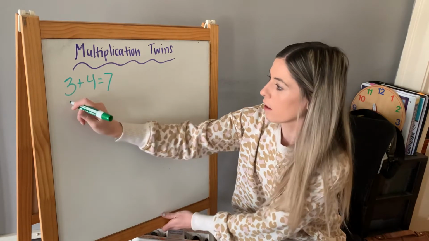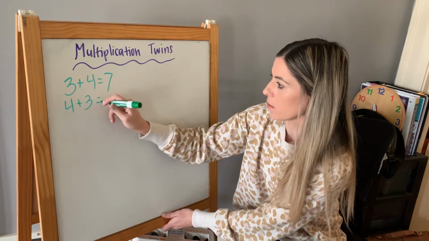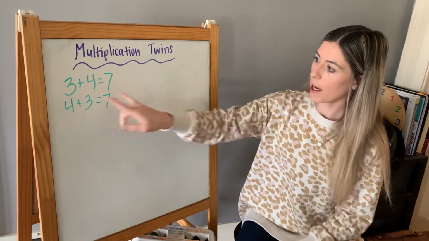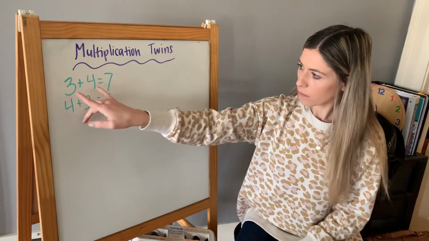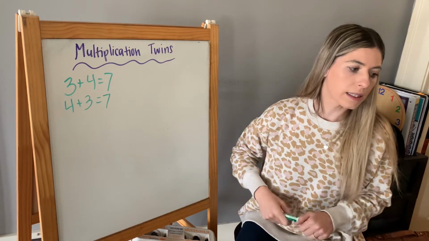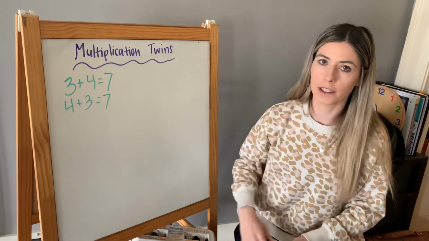The twin would be 4 plus 3 equals 7. So when I say twin, I mean the problem is just swapped and the answers are still the same. It still comes out to equal the same amount even though these answers are in different spots.